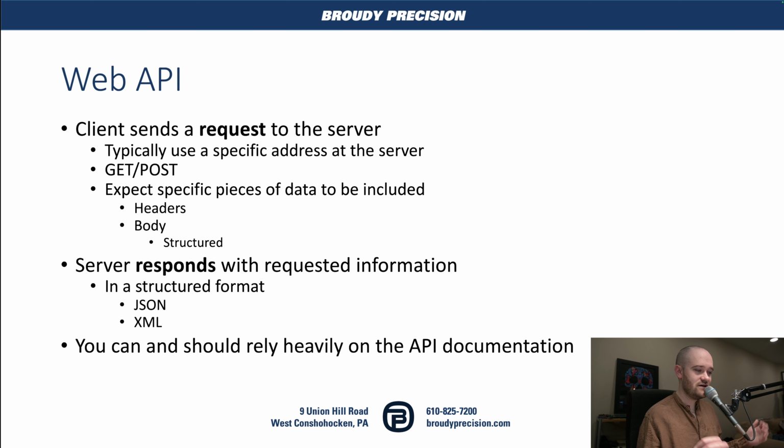This is typically done with things like an API key, which is a long string of letters and numbers that basically acts as a password for you to get in. And then your body, depending on what you're doing with the API, the body is going to be some kind of structured text that has a whole bunch of information that you're trying to send to the server.